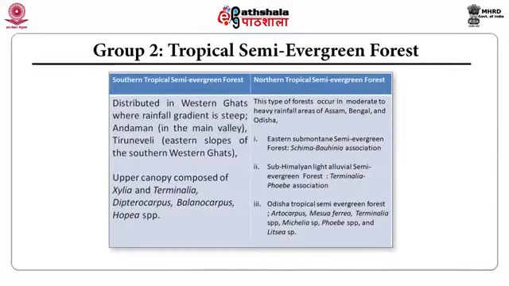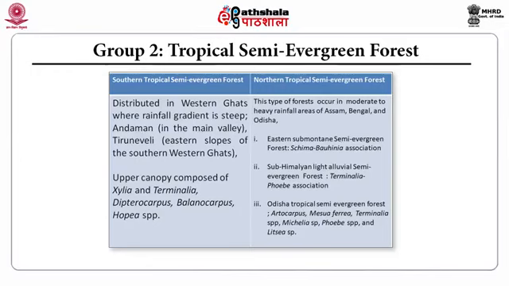So, we are comparing the tropical semi-evergreen forests, the southern type and the northern type. The southern type of the tropical semi-evergreen forests are found in the Western Ghats, where the upper canopy is composed of Terminalia, Dipterocarpus, Balanocarpus and Hopea. The northern tropical semi-evergreen forests are found in high rainfall areas of Assam, Bengal and Odisha.